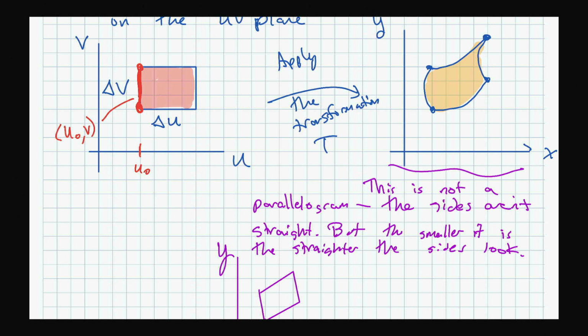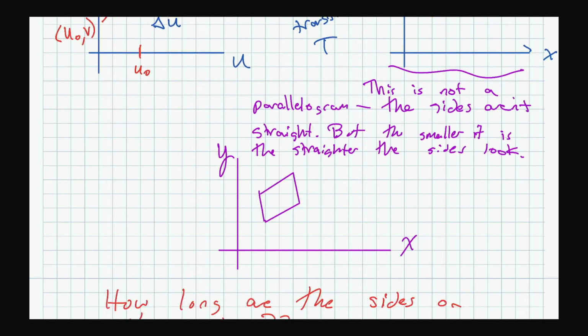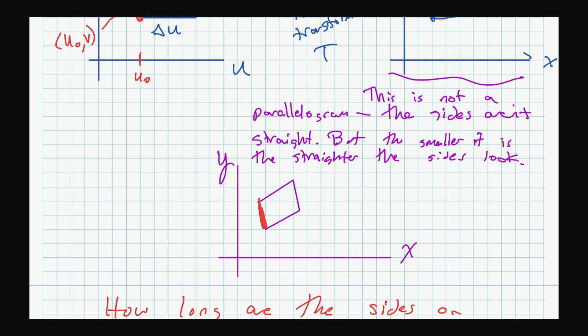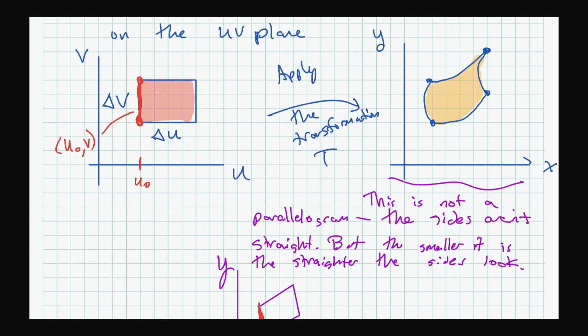So that's a little piece of a curve with some constant u naught, comma v over here, and its length is delta v. Well, over here, if we apply the transformation, you would end up with this section of the curve. Maybe it could be a different section of the curve, but let's say it's that section. What we want to know is what is this length in relation to the previous length?